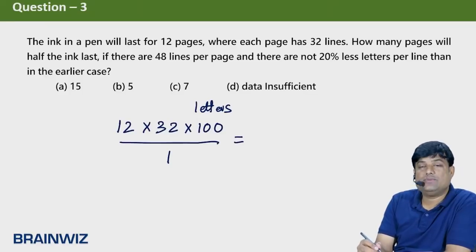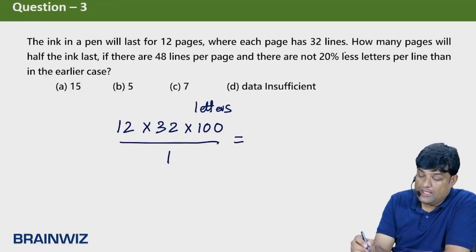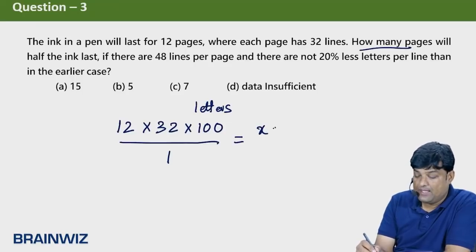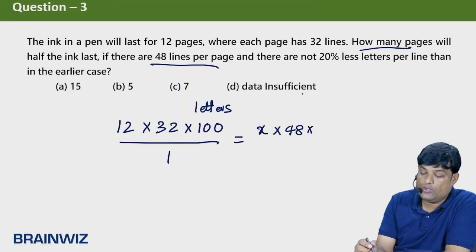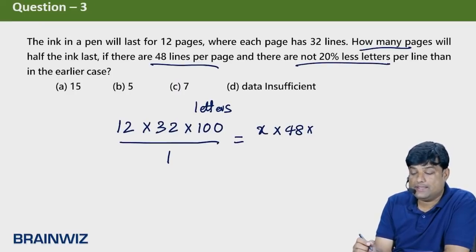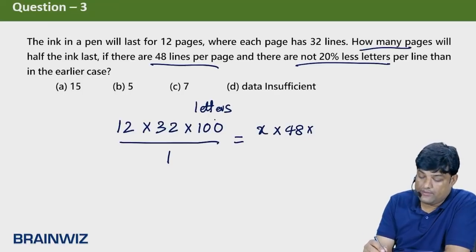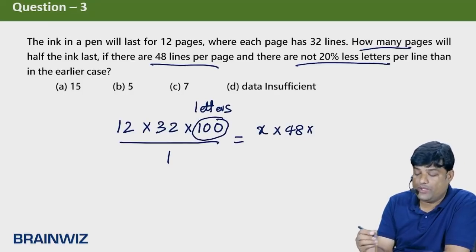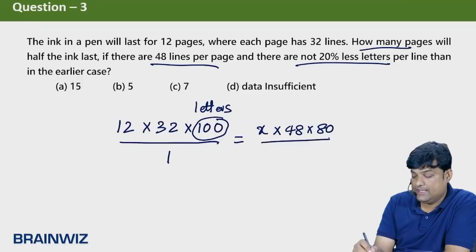It should be balanced with, now he told you how many pages, I don't know how many pages, let the pages be x multiplied with 48 lines, and he told you there are not less than 20%. Because here we have taken 100, now he told 20% less, let it be 80 lines divided by.